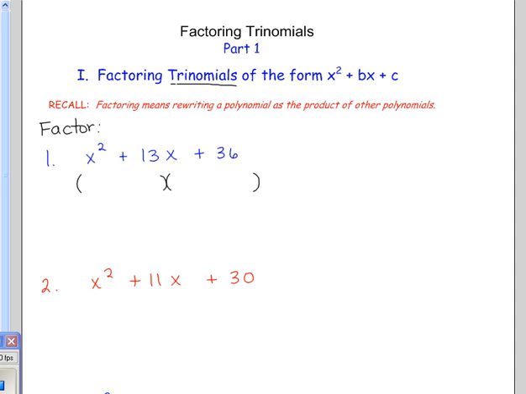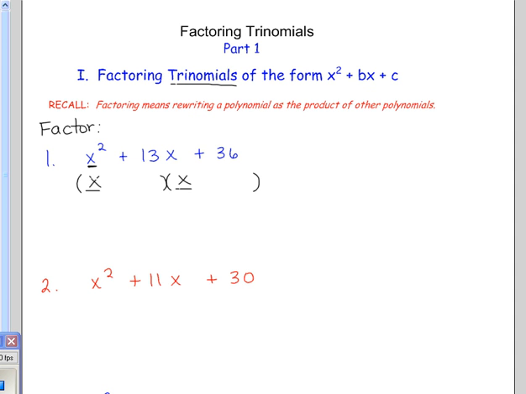I want to know first what should go in the first 2 slots in my 2 binomials. Those 2 terms always have to multiply to equal the first term in my trinomial. Well, what's going to multiply to be x squared? Well, our only choice would be x times x.